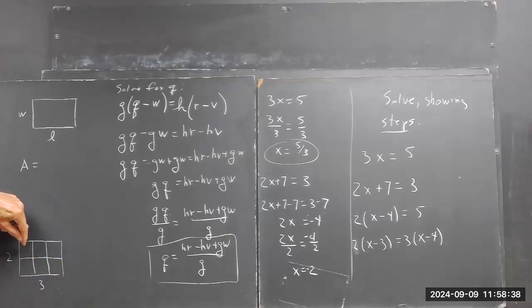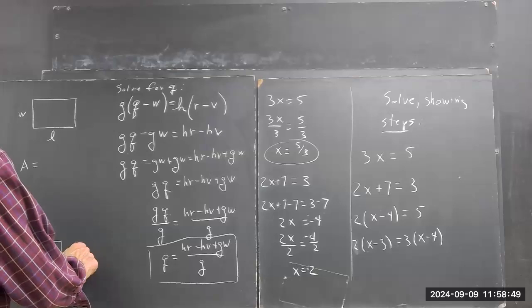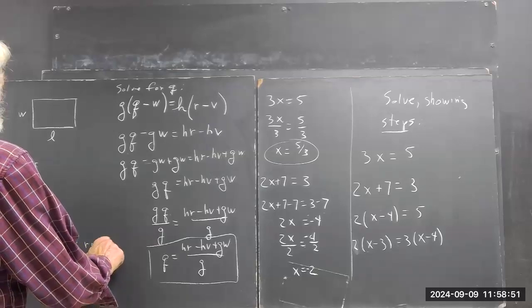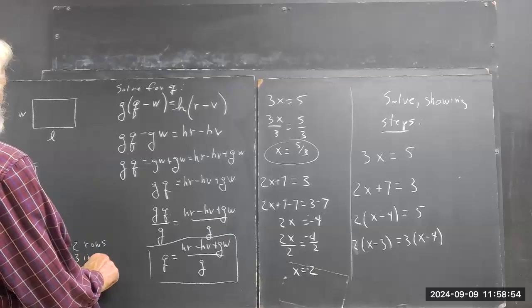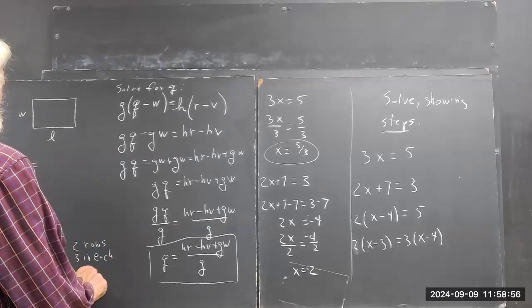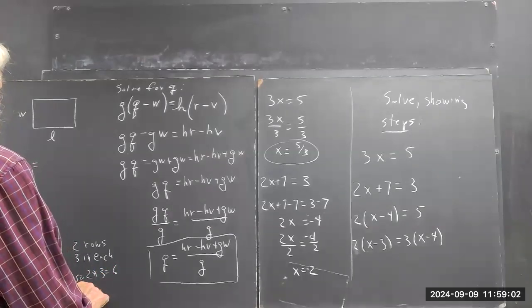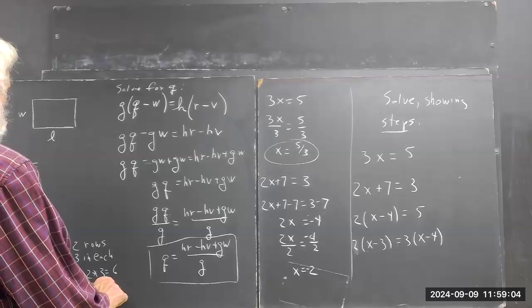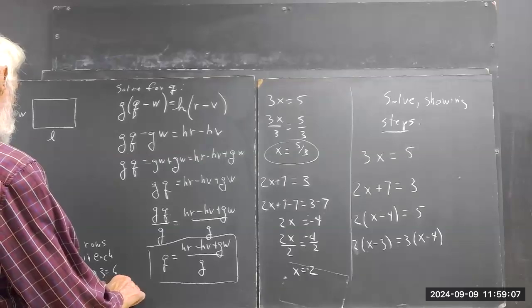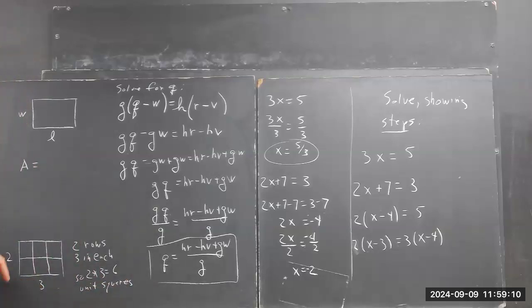Now, how many little squares are there? 6, right? 2 times 3, because there are 3 in a row, and there are 2 rows. And those are unit squares. They're 1 by 1 squares. Fair enough? That's just kind of review.